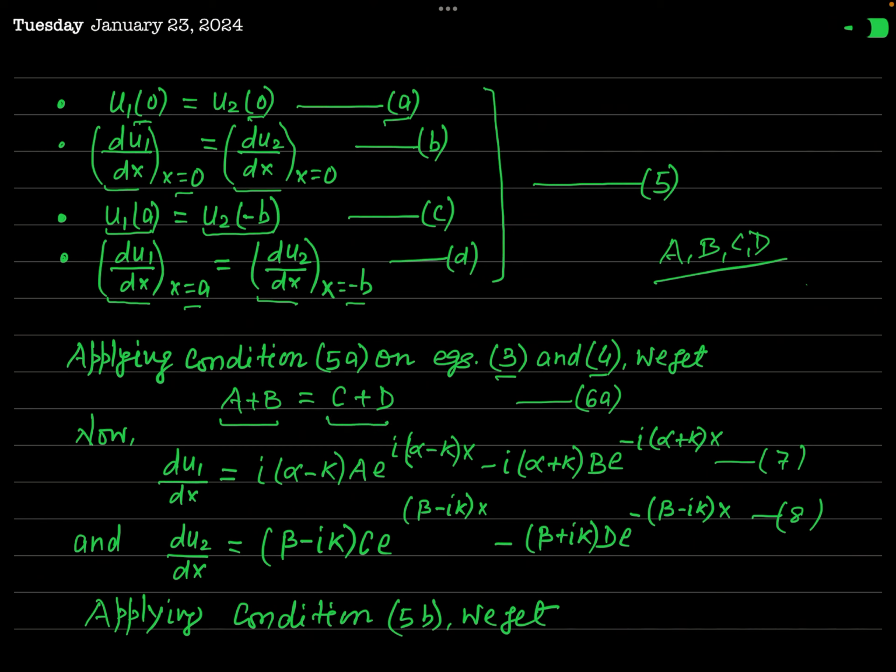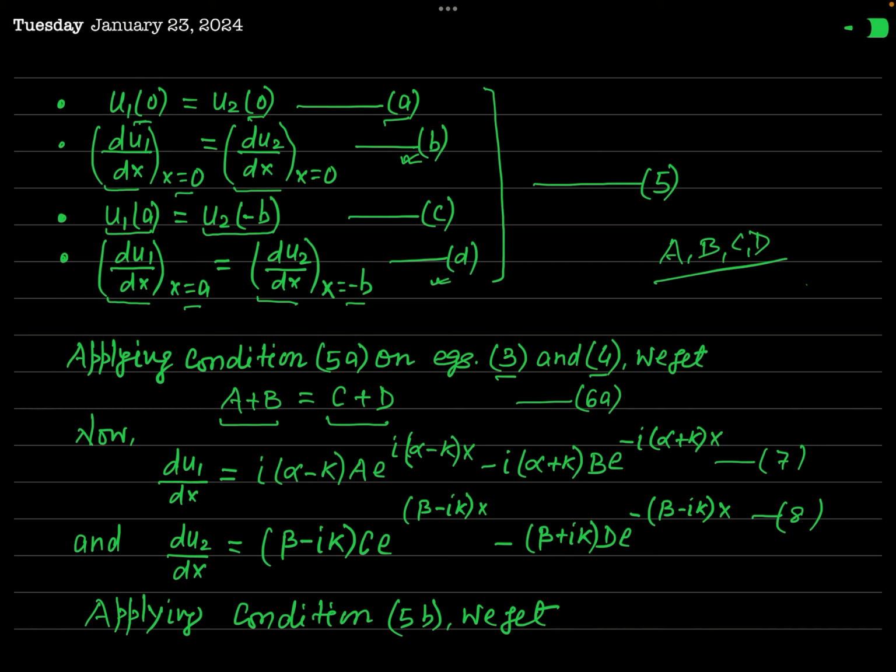Now, for applying the boundary condition 5B or 5D, first of all we will have to find the first order derivative of u1 and u2 with respect to x. So let us first find du1 by dx. See the expression here, u1 of x is equal to this, and we will differentiate it.